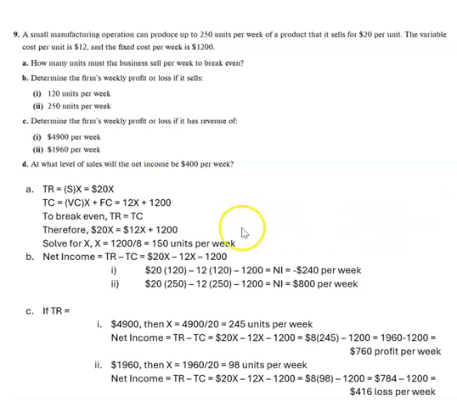Okay, so as you know, for the break even, total revenue needs to equal total costs associated. Therefore, we're going to take TR equals TC, total revenue equals total cost. We know total revenue is $20X, because $20 is what we sell it for, and X represents the number of units that we sell.